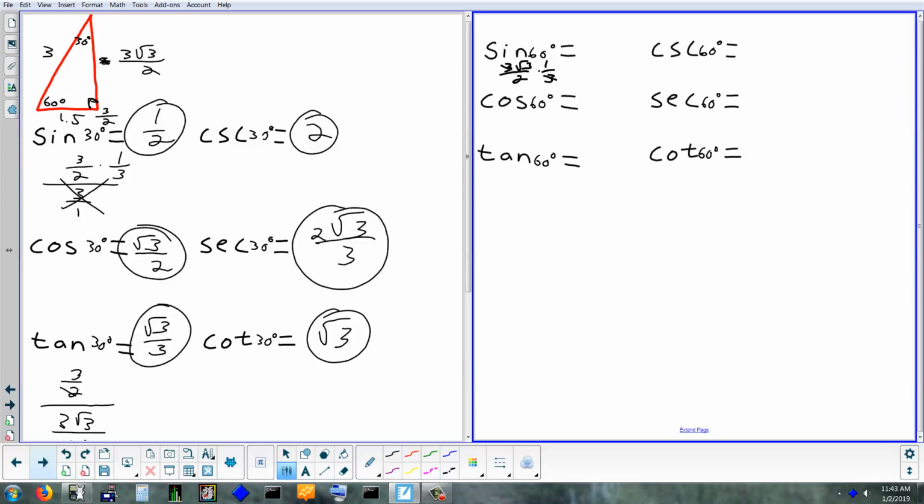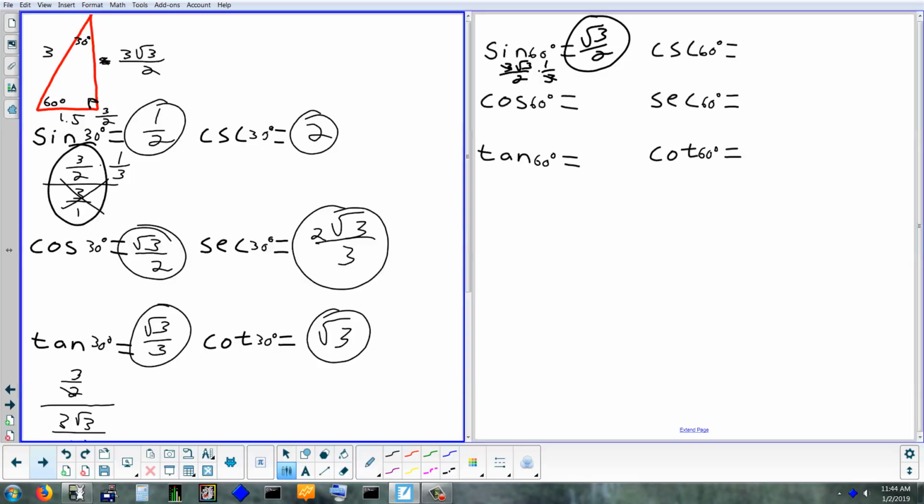That's what the cosine was before. Okay, let's do the cosine. Cosine of 60. 3 over 2 over 3. Well, I just did that. That's all the work to do that problem right there. 3 over 2 over 3 is 1/2.